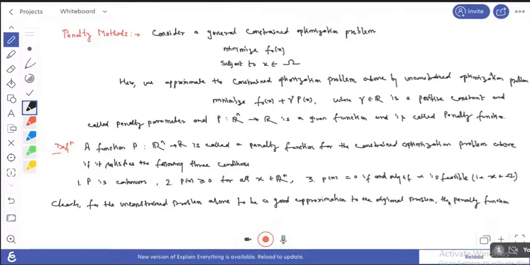So here we write the penalty function. This penalty function, if we denote it by p, must be chosen appropriately.